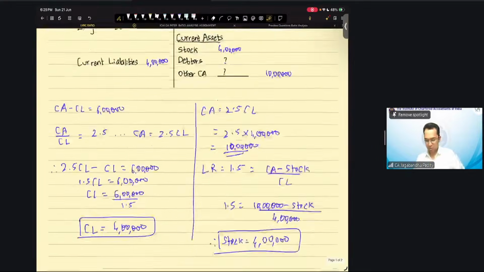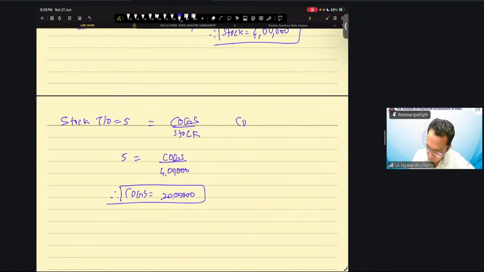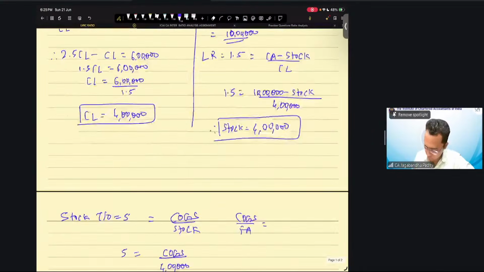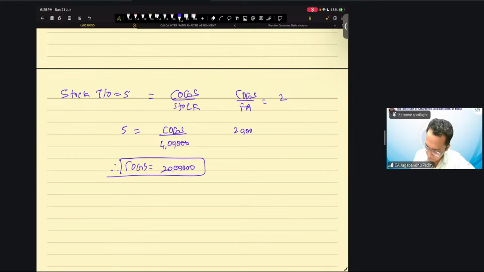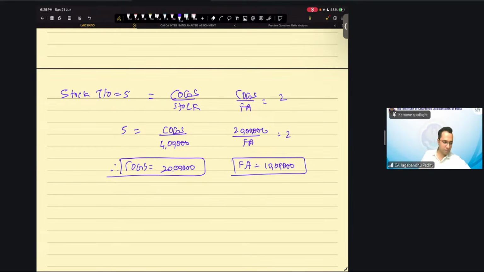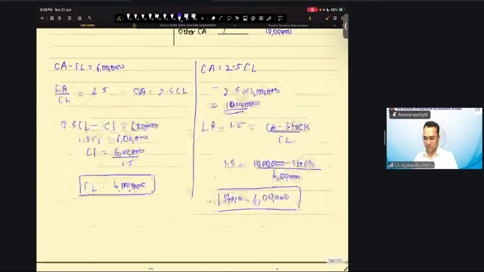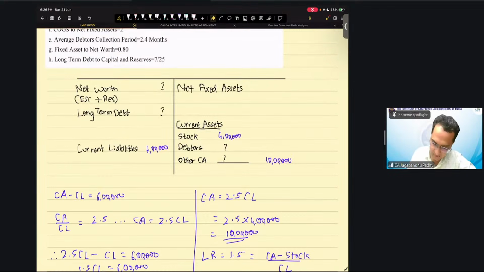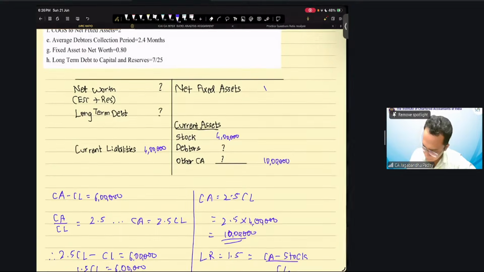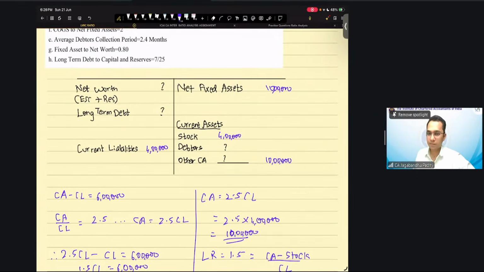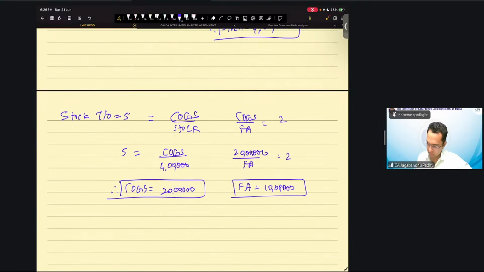So COGS to net fixed assets ratio, let's use that. COGS upon net fixed asset is 2. So COGS is 20 lakh upon fixed asset is 2, so fixed asset is 10 lakh. We got fixed asset as 10 lakh, right?